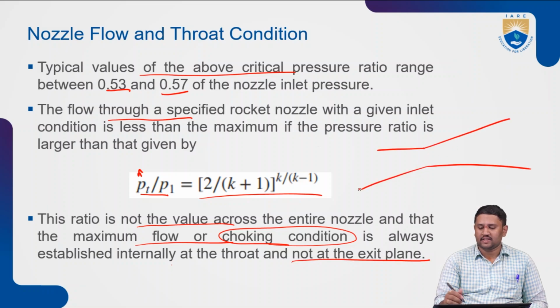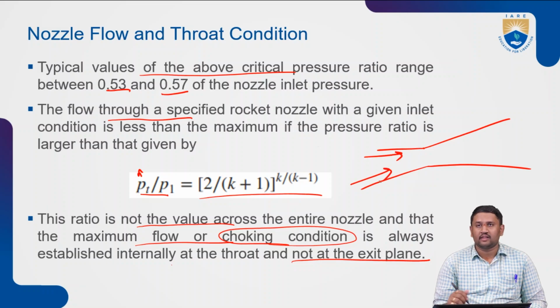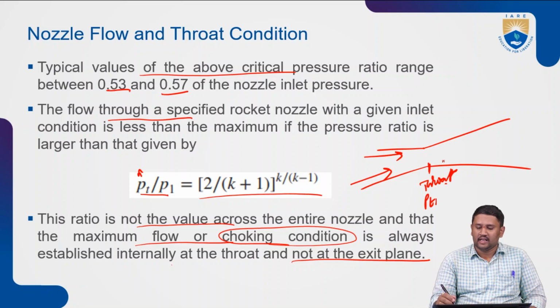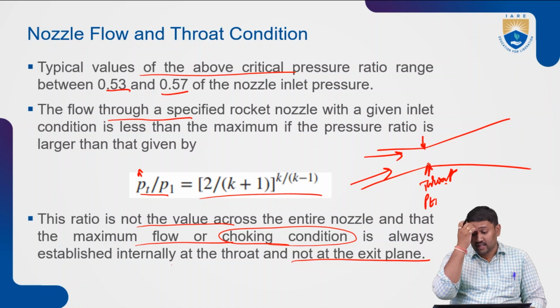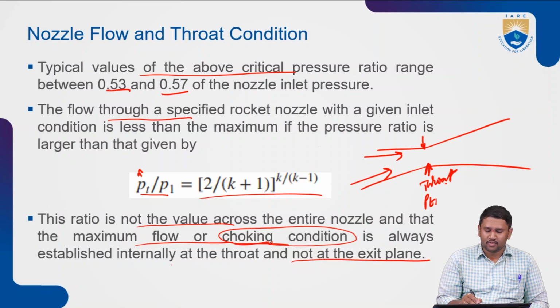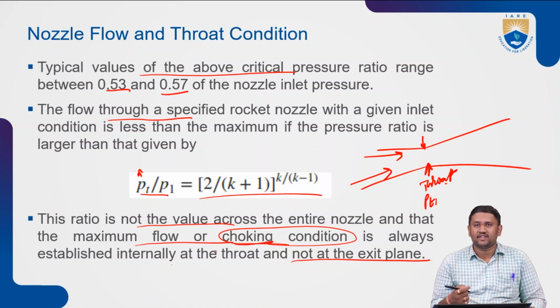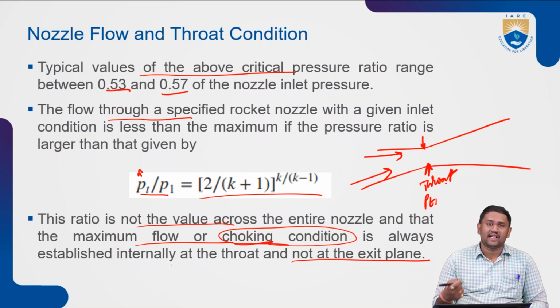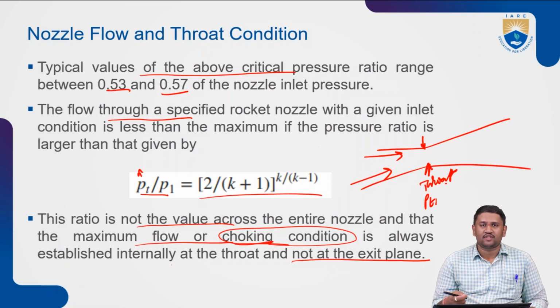Let me just reframe this a bit. As the flow comes inside a nozzle, if I am considering this as the throat, with pressure of the throat and area of the throat, this will be the specific point where there will be the choking condition, particularly the point through which no greater mass flow rate can occur.